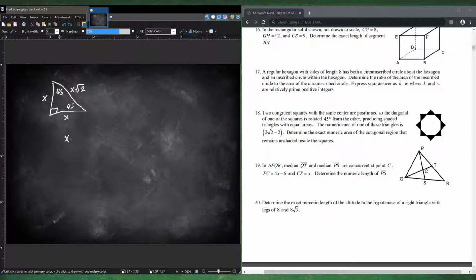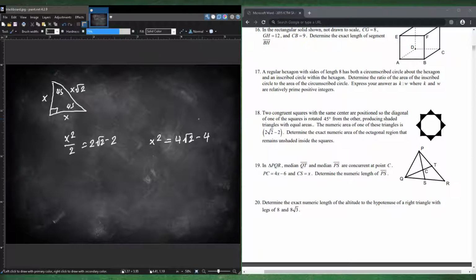So we know x times x divided by 2, the area, is equal to 2 square root 2 minus 2. That means x squared is equal to 4 square root 2 minus 4.